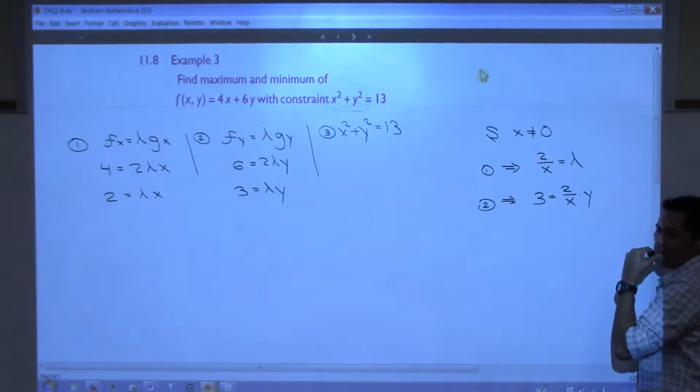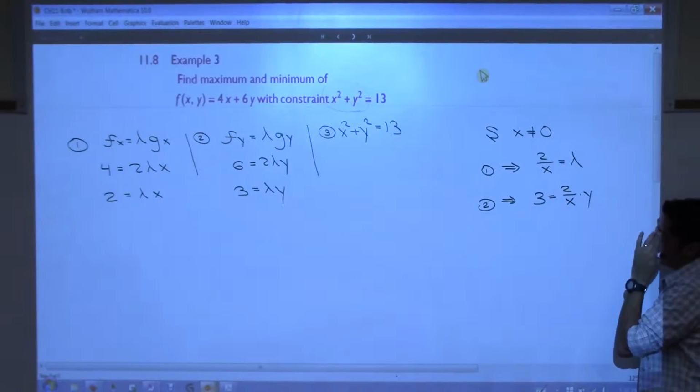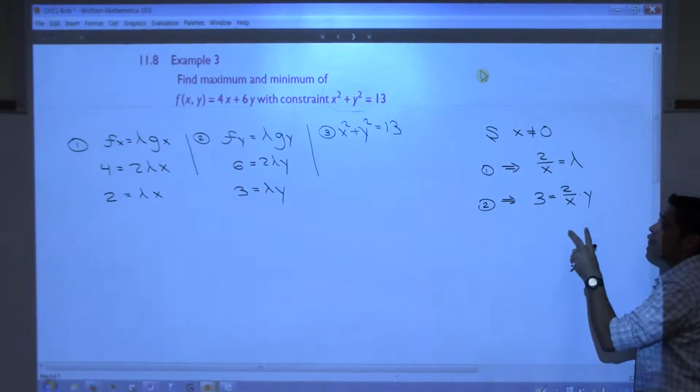I was thinking about moving the 3 to the other side and then getting 3x over x, putting it together as one fraction. Down in the bottom can't be 0. Solve the top for 0. I see what you're saying. Yes, we can do a common denominator right now.